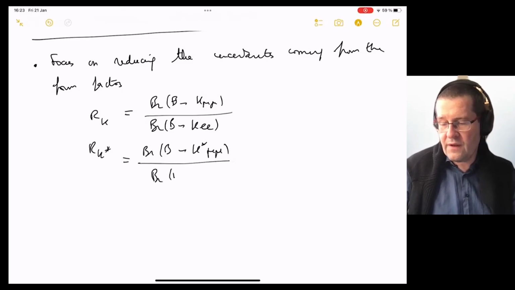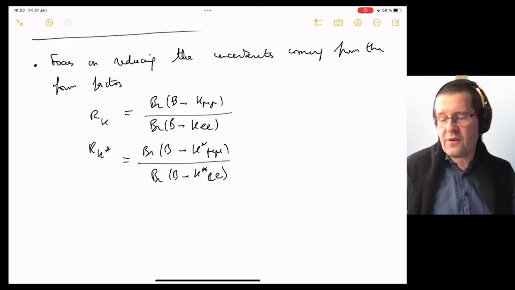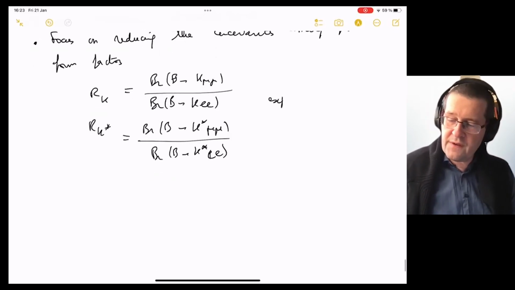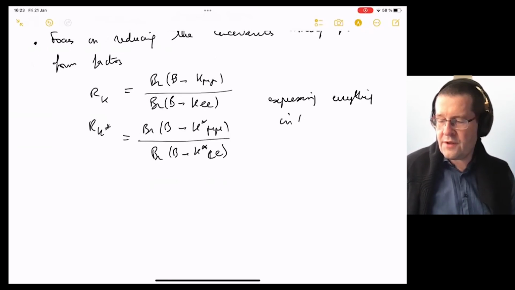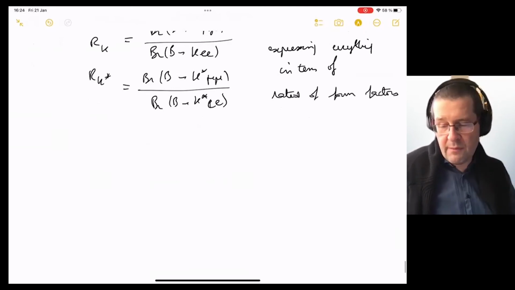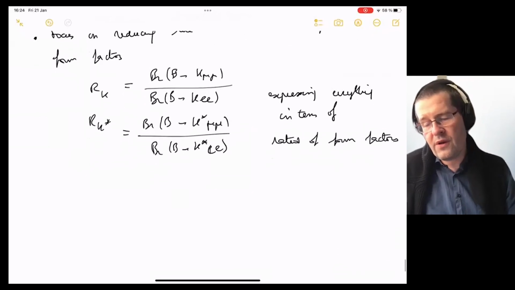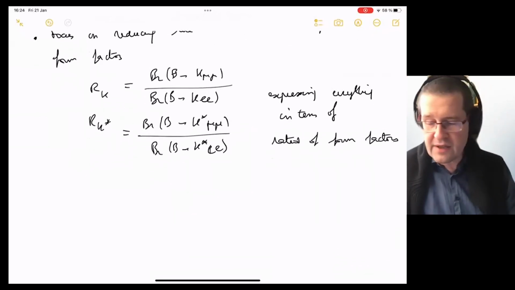So that means that by doing this kind of ratio, you're expressing everything in terms of ratios of form factors that are generally better known than individual form factors, and you're reducing the uncertainties attached to that.